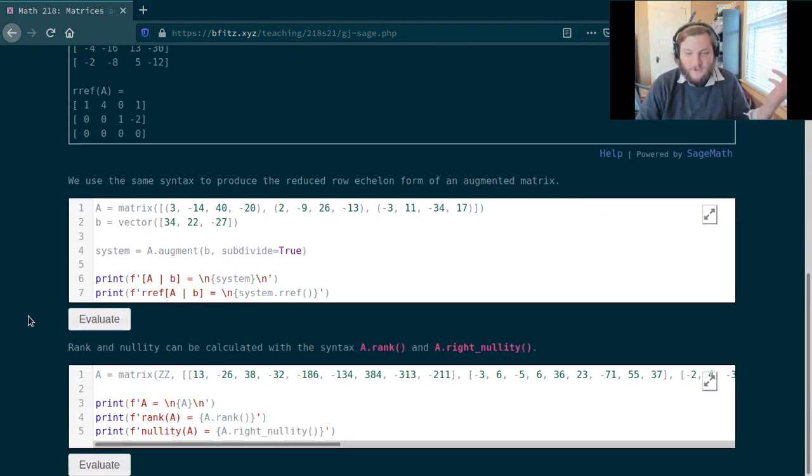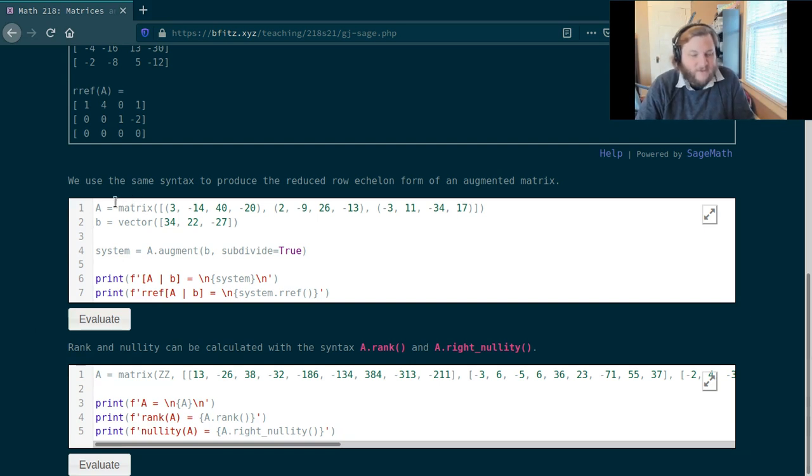We can also do this with an augmented matrix. That's our major application. Augmented matrices are used to represent systems. And the idea is that we can take a system that's as complicated as we want, put it into the Gauss-Jordan algorithm, and we get back a reduced row echelon form system, which is much easier to study.